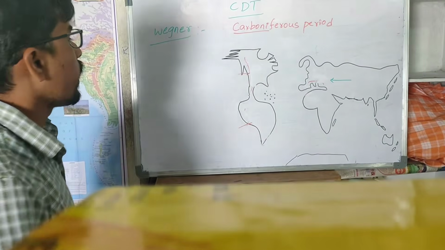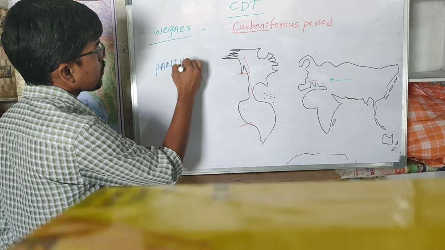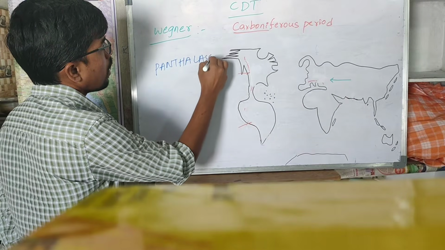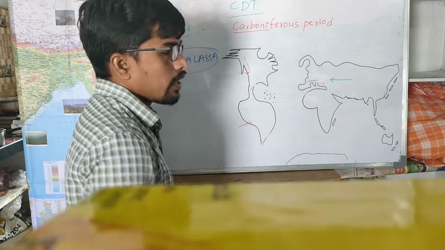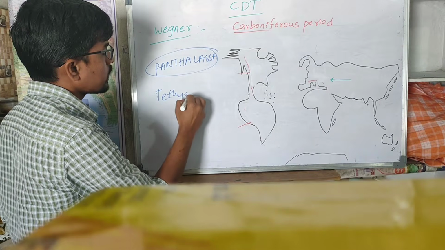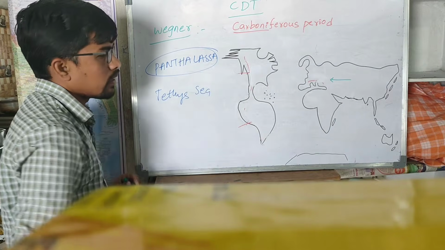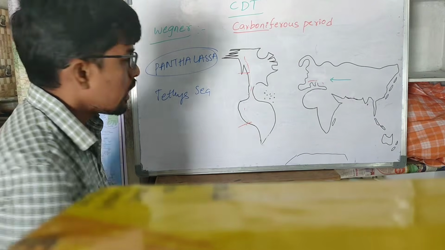Why are oceans formed? Earlier there was only the Panthalassa. After its breaking, he explained about the Tethys Sea. Later the Tethys Sea developed. Where is the Tethys Sea right now?